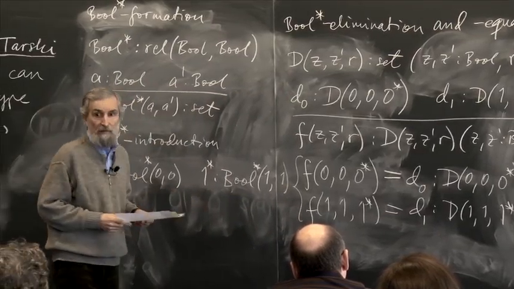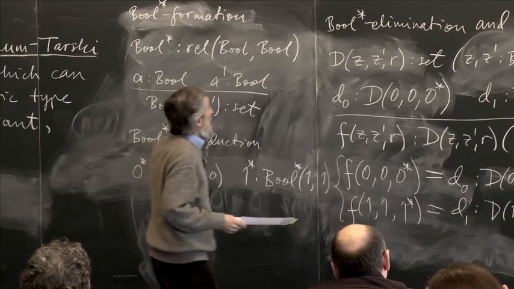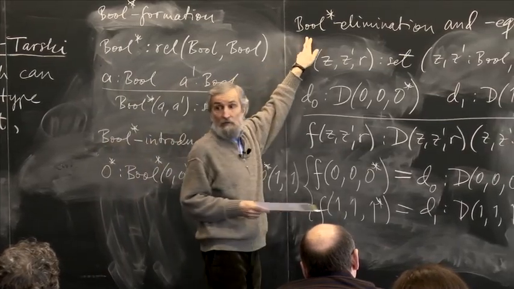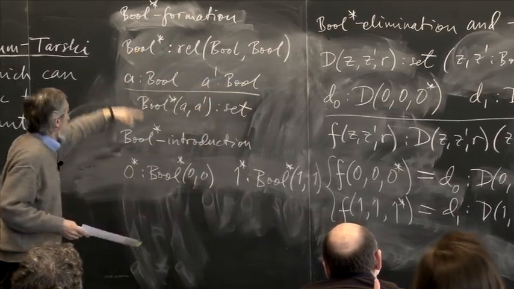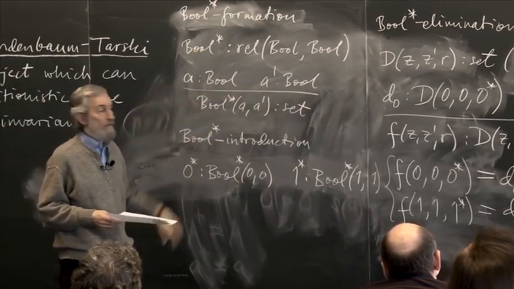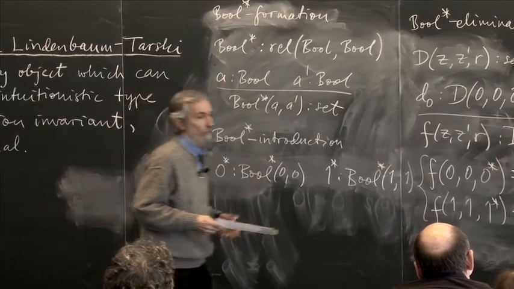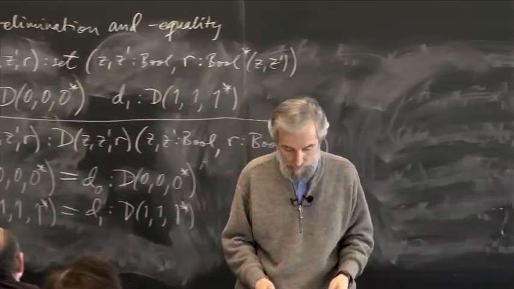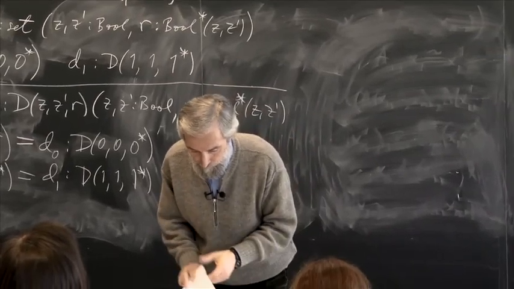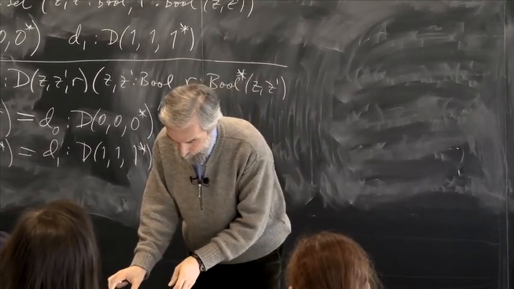So with this, the rules for bool star are complete. I mean, formation, introduction, elimination, and equality. And these rules follow precisely the standard pattern, although, of course, they are different from the rules for bool itself.